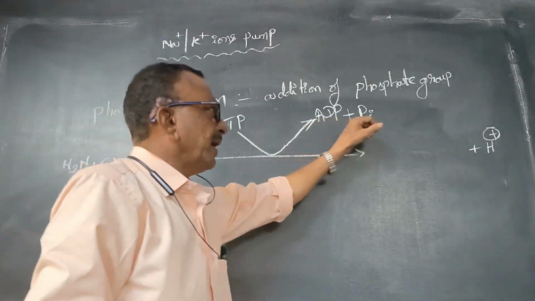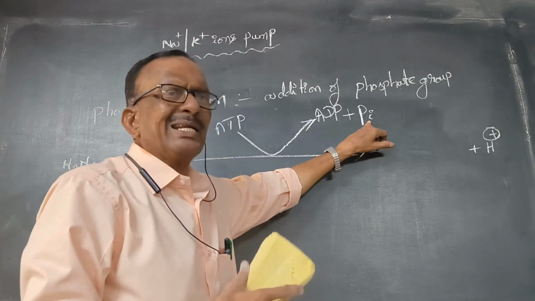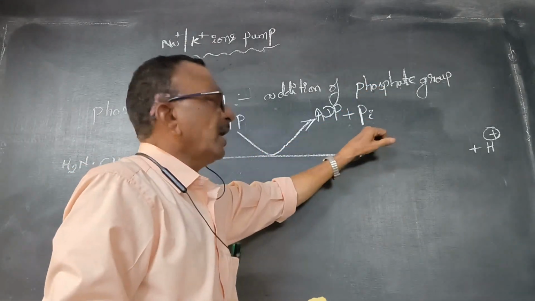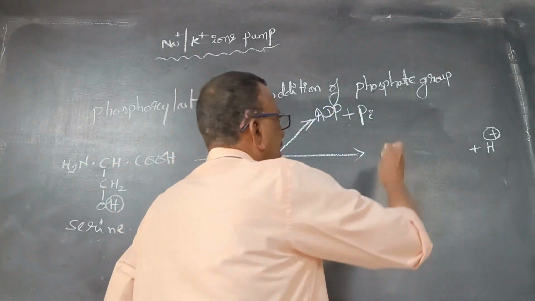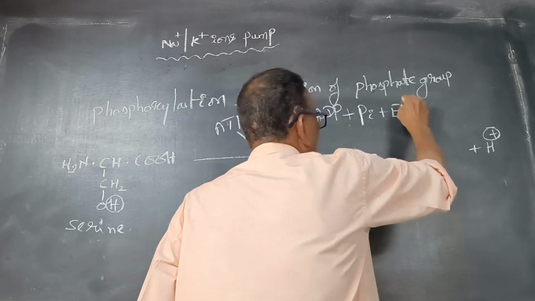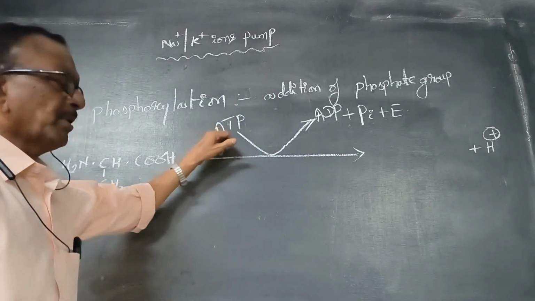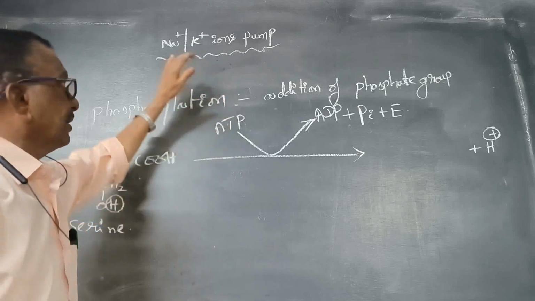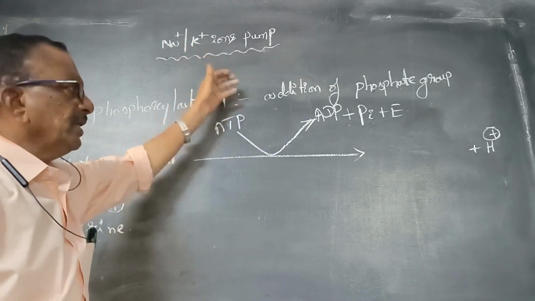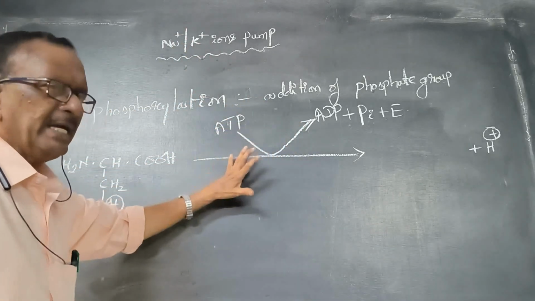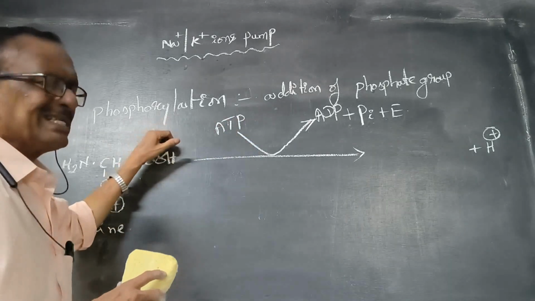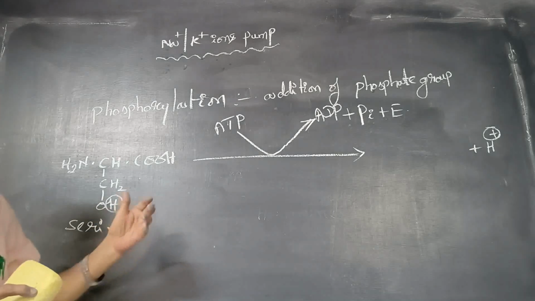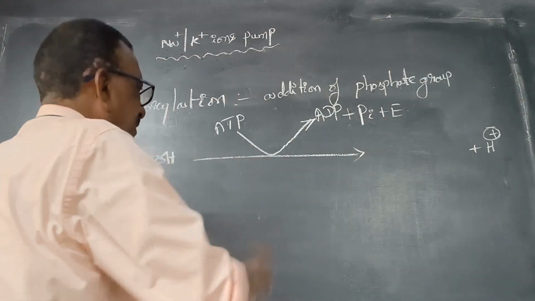What does this Pi stand for? I stands for inorganic. P stands for phosphate group. So inorganic phosphate plus energy. Energy is also released from this ATP, which is used for sending these ions. If we take the actual process, then you can easily understand that. For the time being, just try to understand the meaning of phosphorylation, and the next one, dephosphorylation.